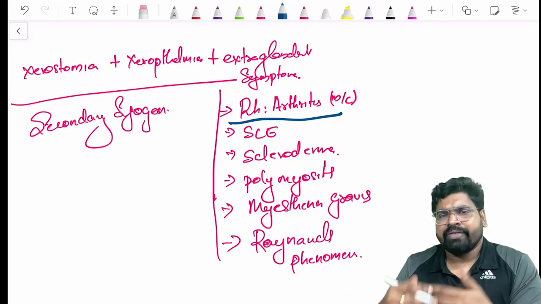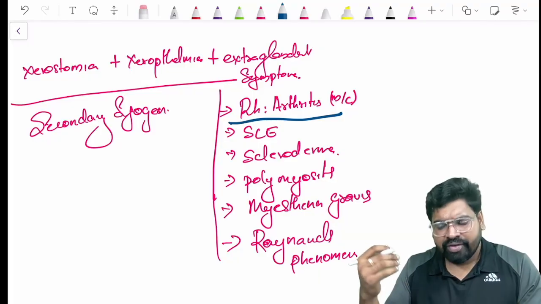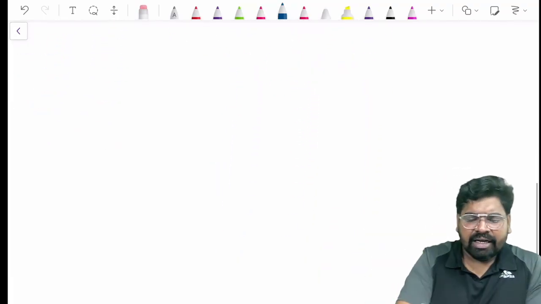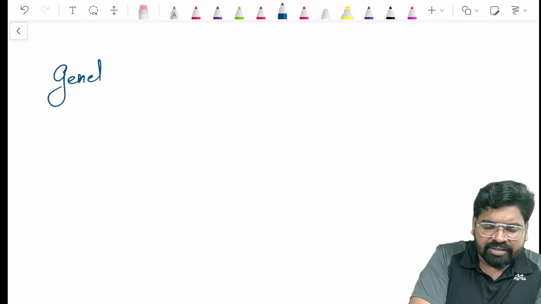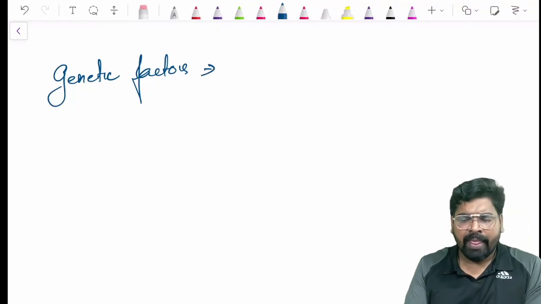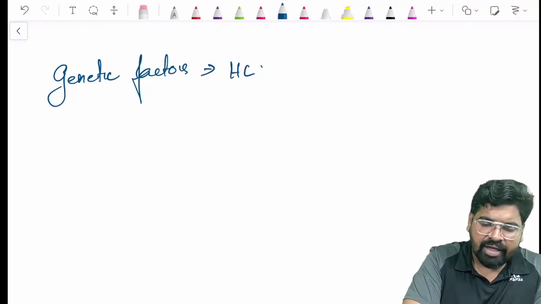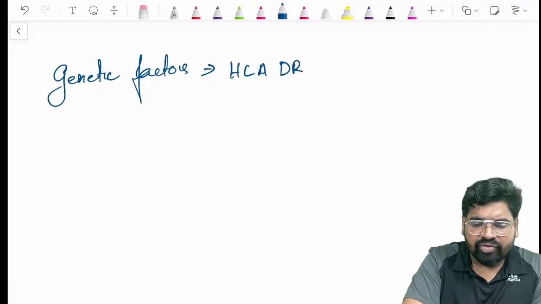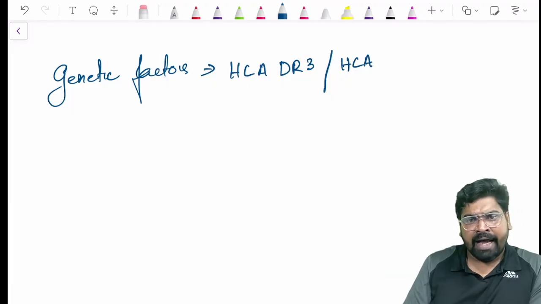Now, we know that this is due to autoimmune disorders. What are the genetic factors related to Sjogren syndrome? Your HLA, human leukocyte antigen, HLA-DR3. Please remember this because it was once asked in an INICET question.